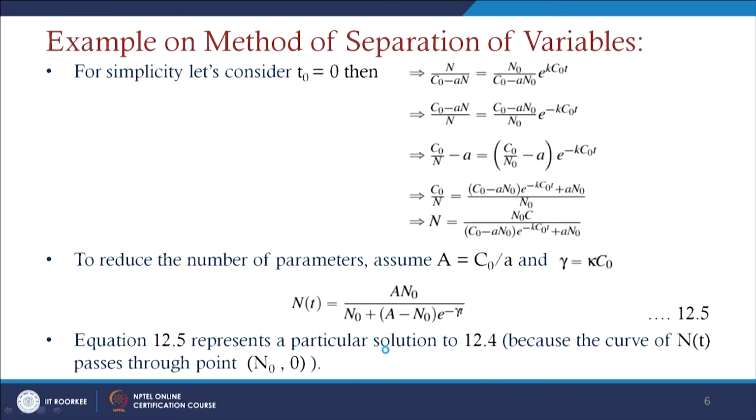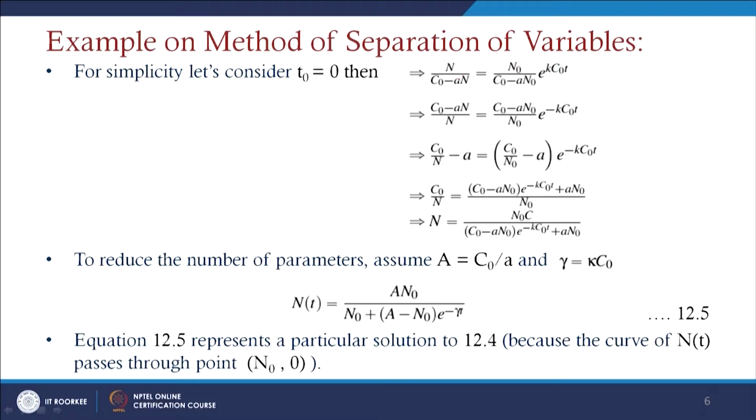For simplicity, if we consider the initial time level to be 0, that is we start from t = 0, then we can write N/(C0 - aN) = N0/(C0 - aN0) e^(kC0 t).